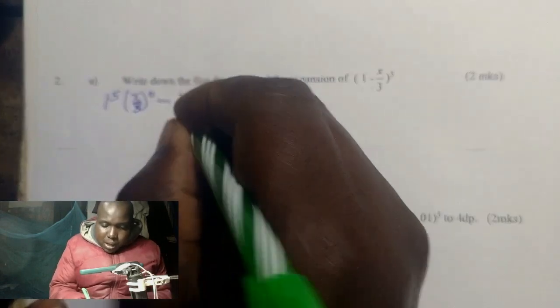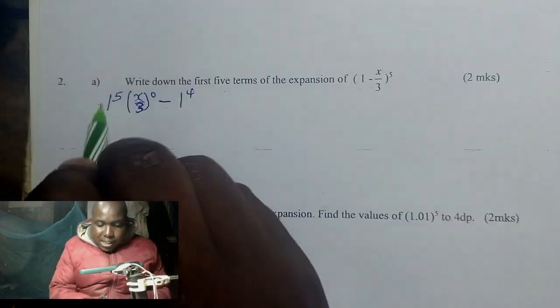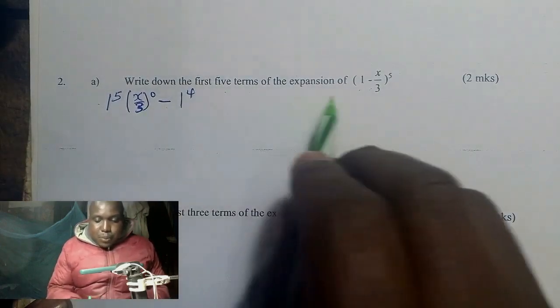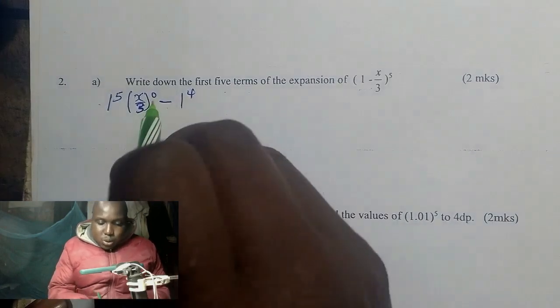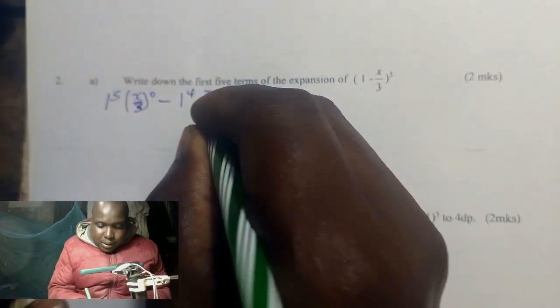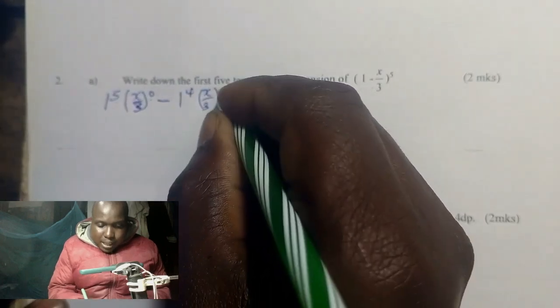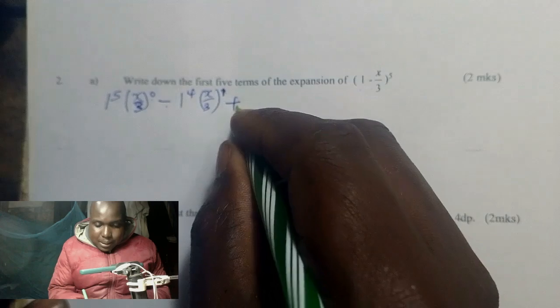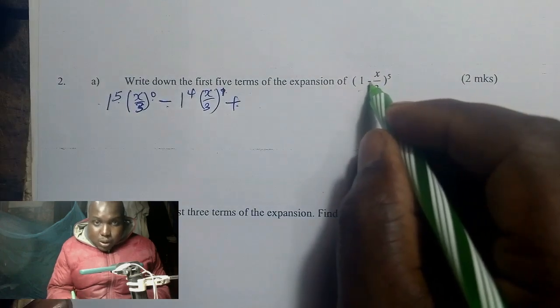So we are going to have 1 raised to power 4 now. The first term's power decreases to the right, the second term's power increases to the right, so we start from 0 and 5, 4. So the second term will be x over 3 raised to power 1, with a minus sign.